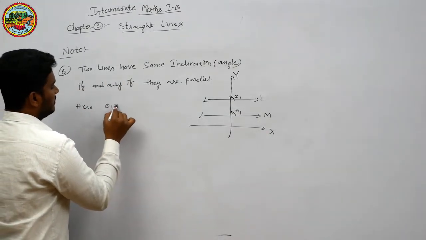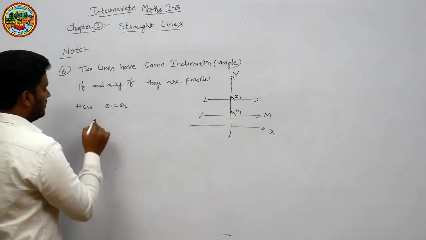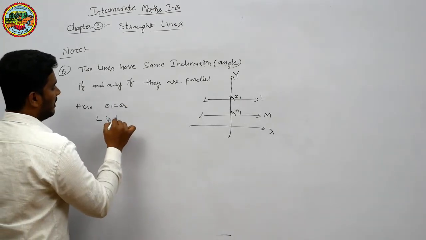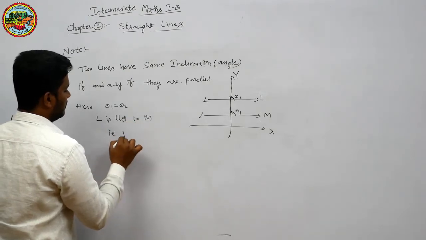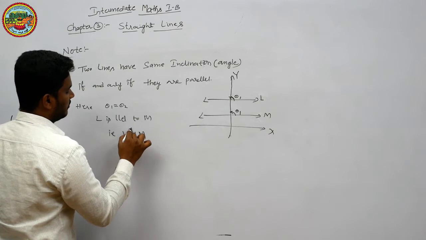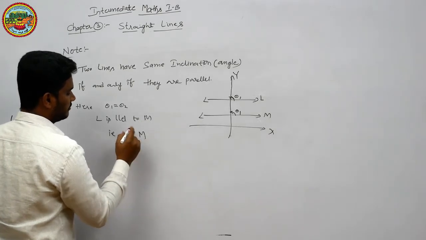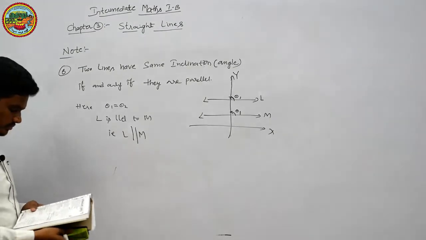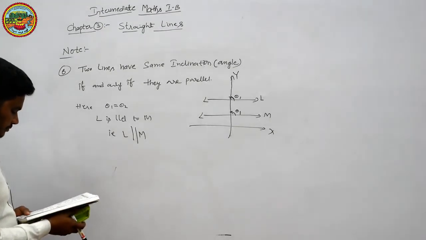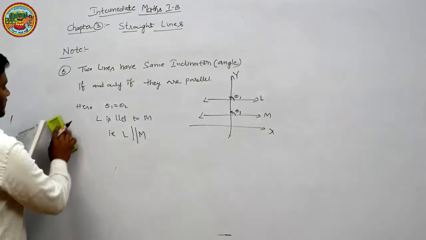So theta 1 is equal to theta 2. That means L is parallel to M.